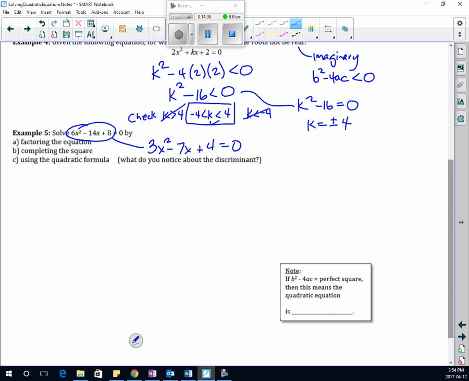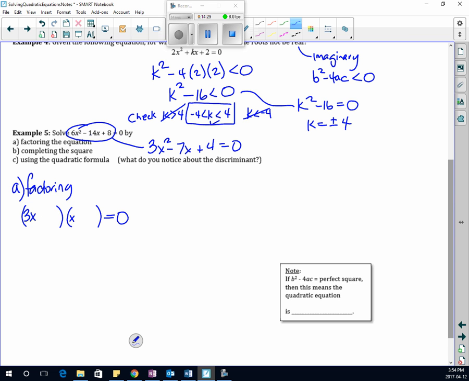So now we're going to solve this by factoring. So this is factoring. We are going to try to factor 3x squared minus 7x plus 4. Well, there's only so many factors of 3x. It's 3x and x. So now we need to play around with 4. Our factors of 4 are either 1 and 4.